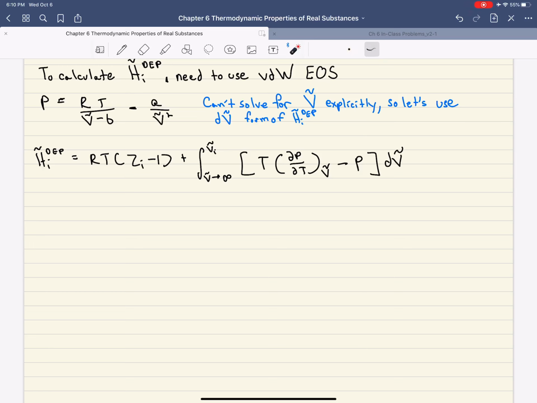And the reason this form is more useful when we're dealing with the van der Waals equation of state is because now the partial derivative we need to take is dP/dT. And so our equation's solved explicitly for pressure already. So that helps simplify the derivative. And then, after we figure out what our integrand is, we would just integrate with respect to volume.